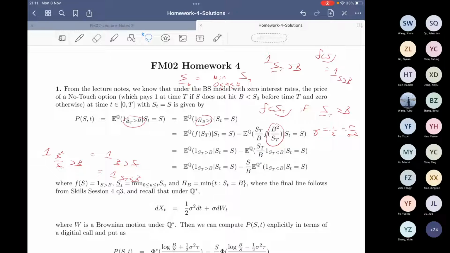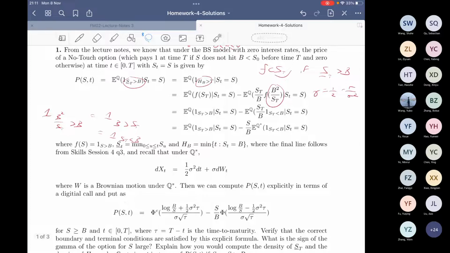But if you do that, it's with the understanding that the measure changes, and now the drift of the log stock price is plus a half sigma squared, whereas under Q, dX_t has a drift of minus a half sigma squared. So under Q it's a minus; under Q star, the drift is plus. We proved that using a PDE argument in the last homework, just before we had the week break. For now, you don't need to remember why that's true, just know the result.